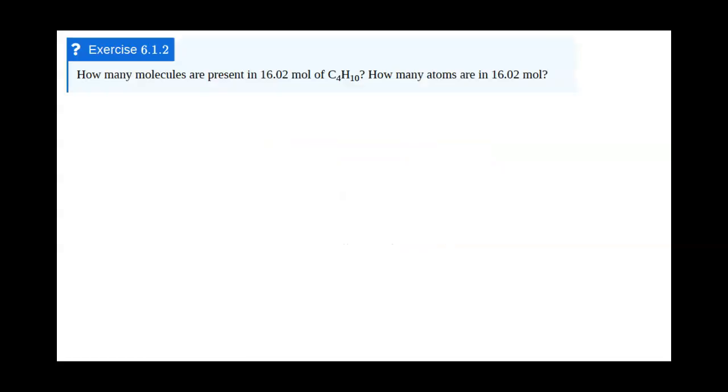Okay, so let's have a look at this one. It says how many molecules are present in 6.02 mole of C4H10.